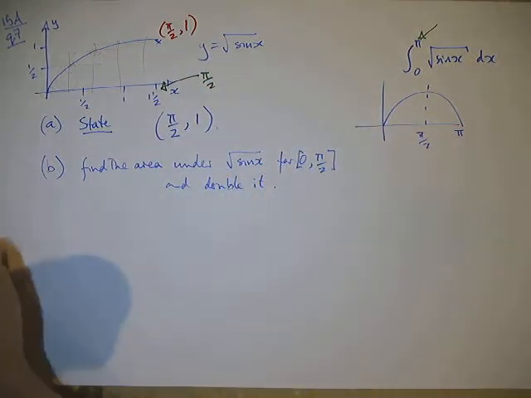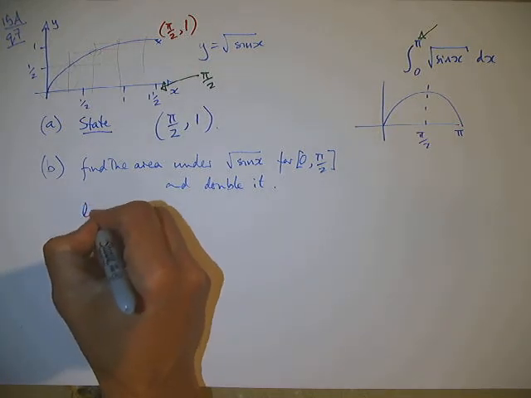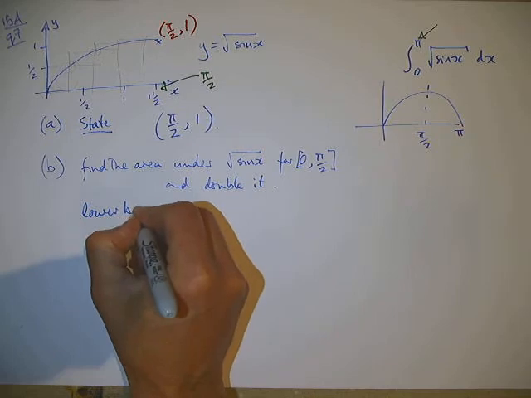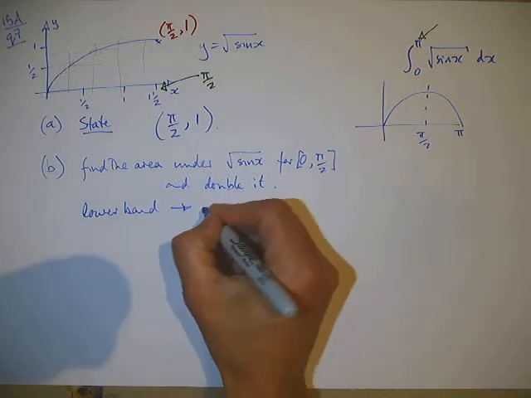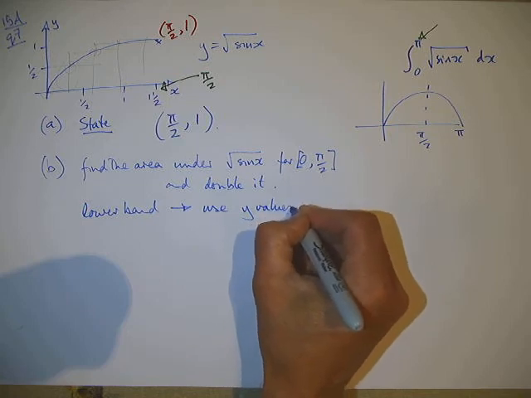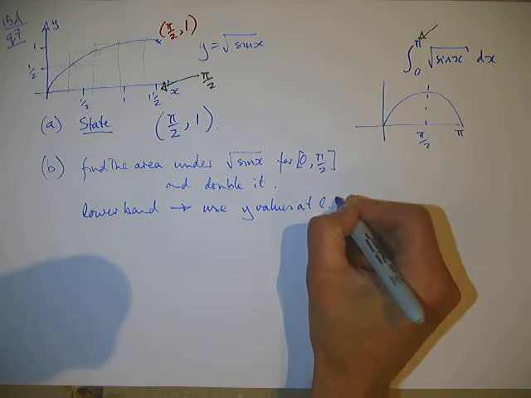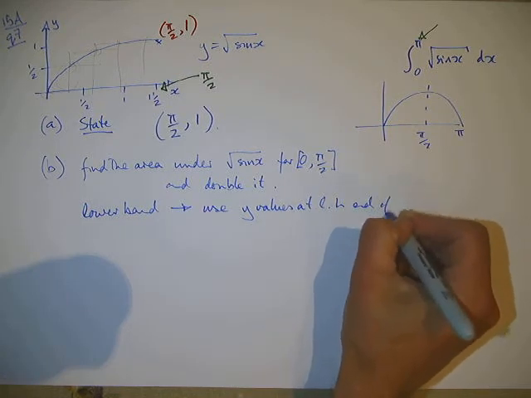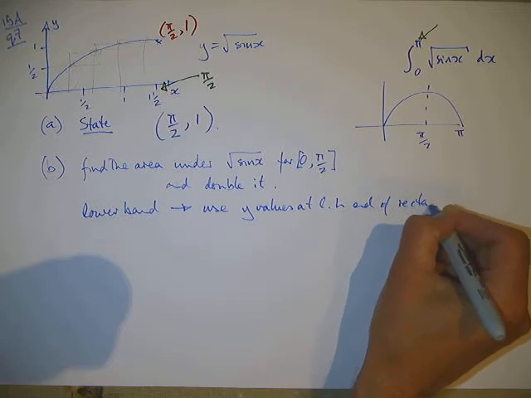So in this case, for a lower bound for the area, lower bound implies use y values at left hand end of rectangles.